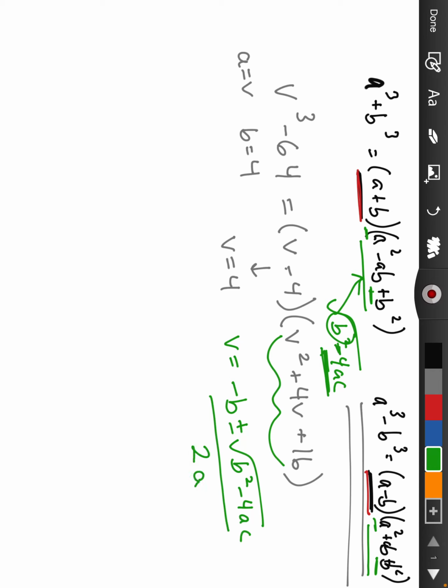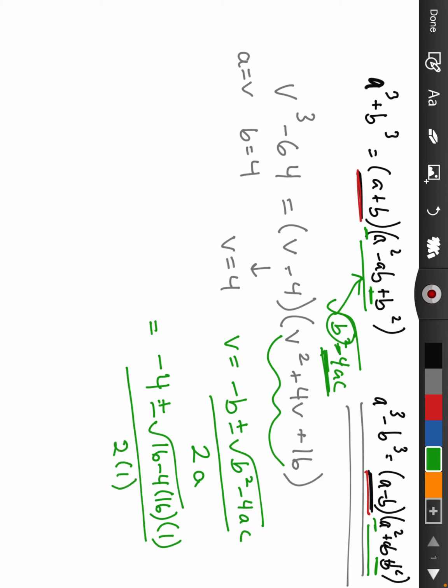So negative b is going to be negative 4, plus or minus the square root of 16 minus 4 times 16 times 1, because a is just 1, divided by 2 times 1. So negative 4 plus or minus 16, so that again is 64, so minus 64, divided by 2. I'm running out of space. I'm going to come back up here.